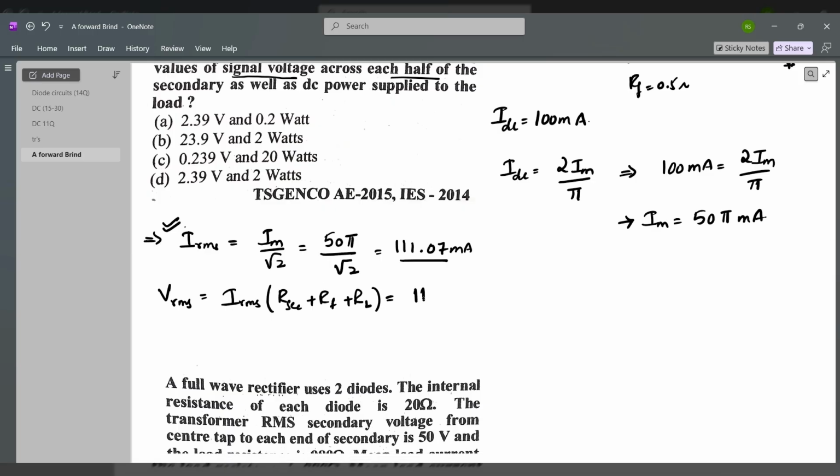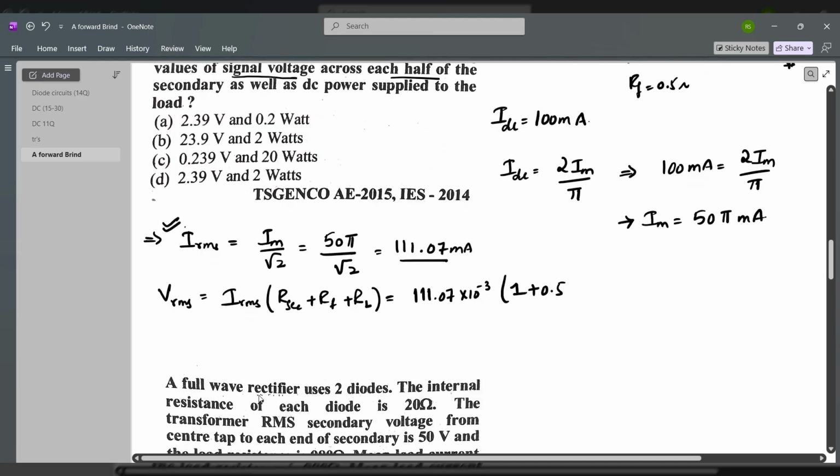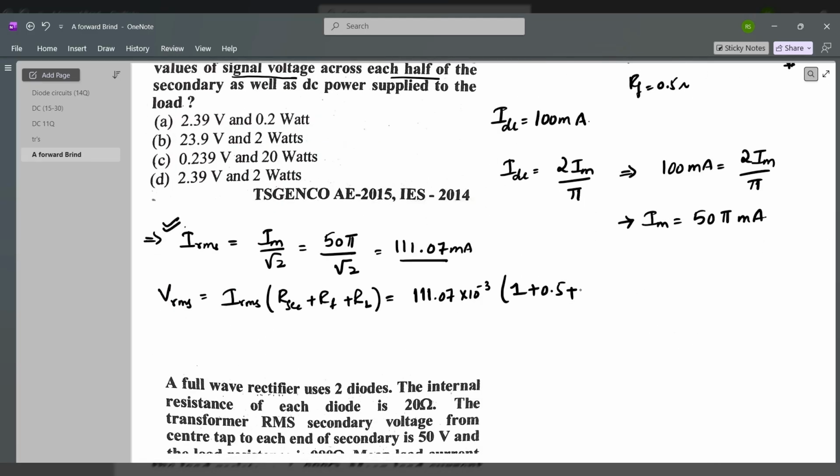So if you substitute 111.07 milliamps, that is 10 to the power minus 3, secondary winding resistance is 1 ohm, diode forward resistance is 0.5, and load resistance is 20 ohms. Then VRMS will be 2.39 volts. So this is the VRMS voltage that we have got.